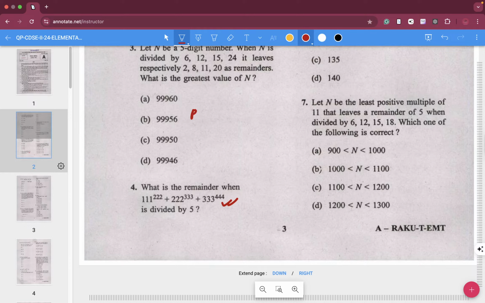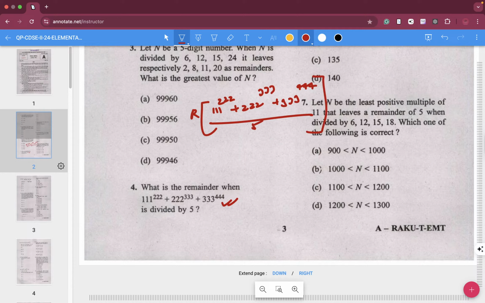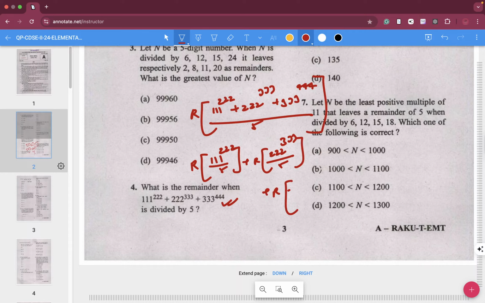They are asking what is the remainder. That means the remainder of 111 raised to the power 222 divided by 5, plus the remainder of 222 raised to the power 333 divided by 5, plus the remainder of 333 raised to the power 444 divided by 5.